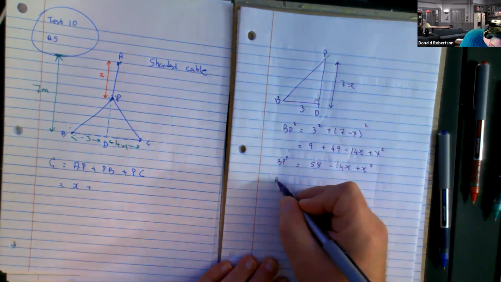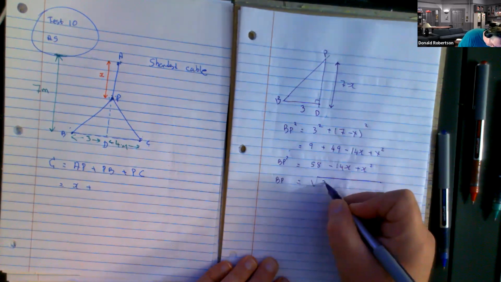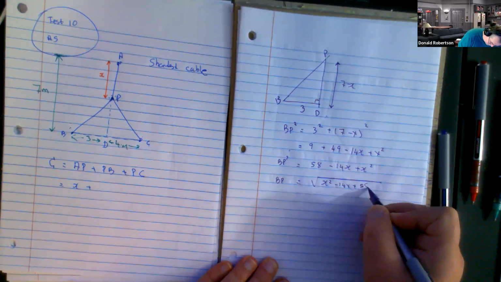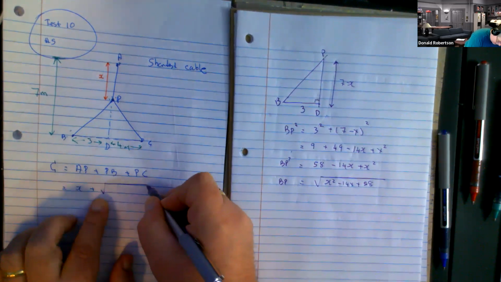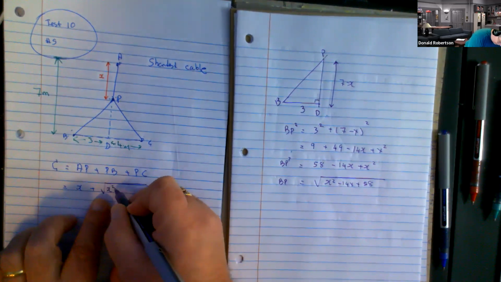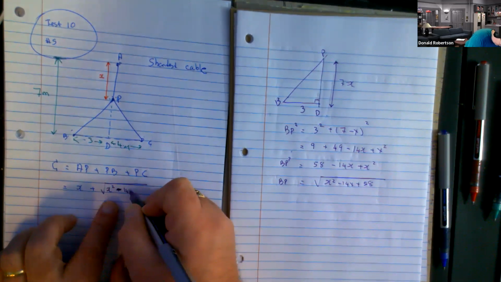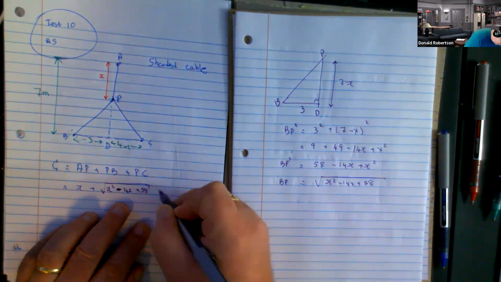And so BP is the square root of all of that, and I like X squareds first, so I'm putting them that way around. Right, we got it. This guy is the square root of X squared, take away 14x, add 58.